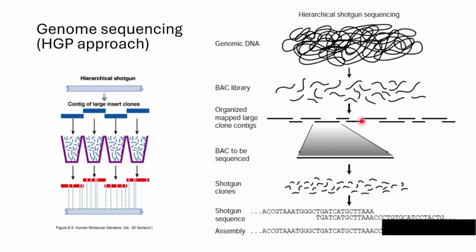In this specific project, what they did is take the genomic DNA and break it into what's called a BAC library. BAC refers to bacterial artificial chromosome. So this is where you're actually inserting this DNA into an artificial chromosome.